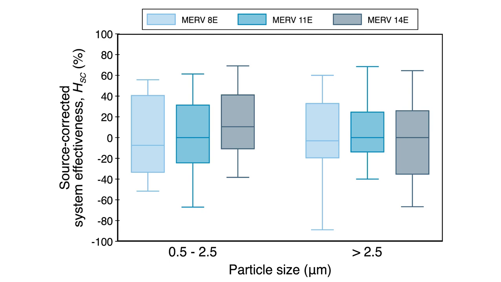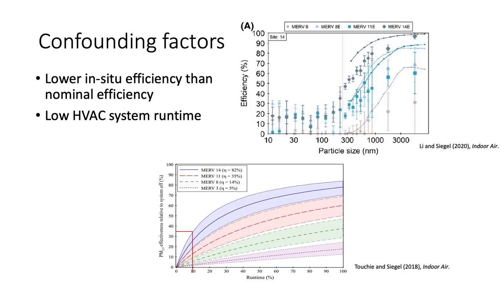And you can see, again, a wide range of effectiveness across all our sites for the different filters. But you can see the medians are, generally speaking, between about -10 and +10. So very small average impact of filters in these homes. And again, that's consistent with other things that we measured.